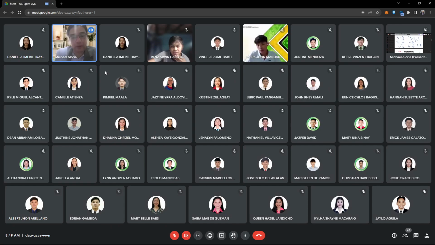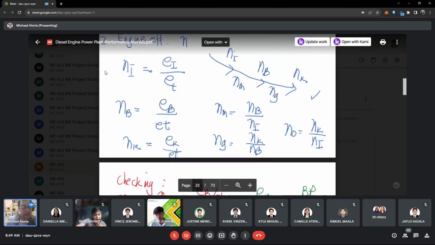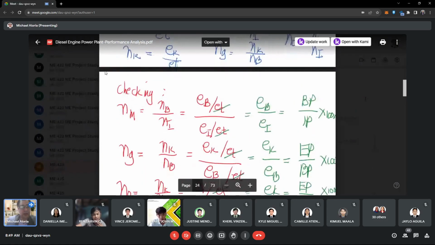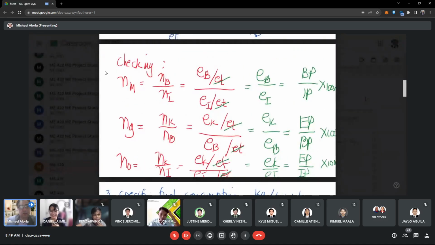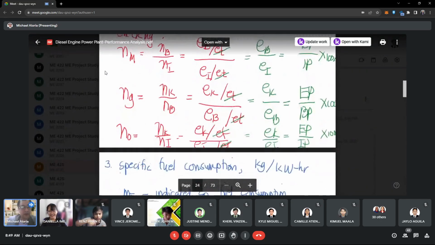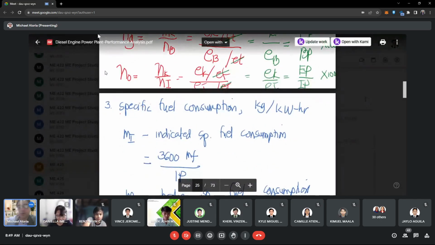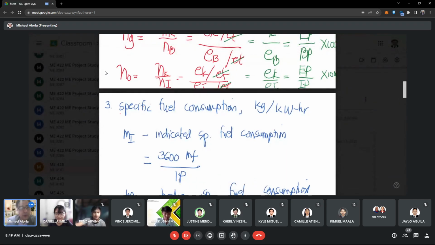Okay, let us go back. This is your checking. The next parameter, or indicator, is your specific fuel consumption.